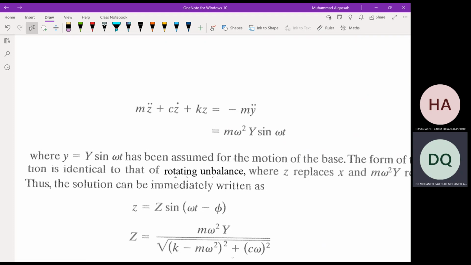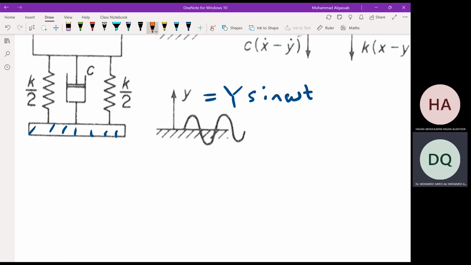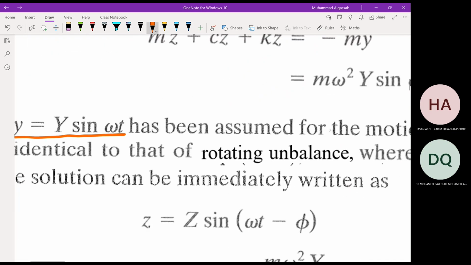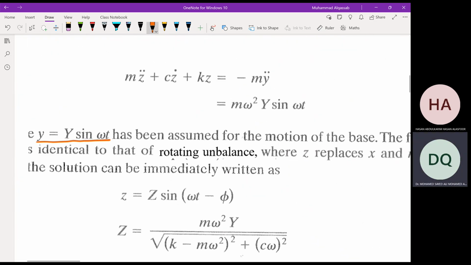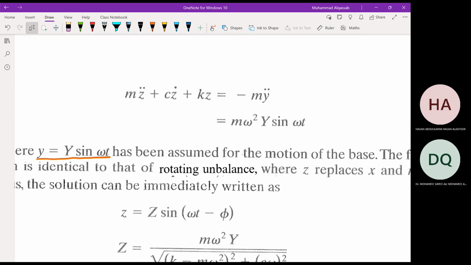Y itself is capital Y, the amplitude of the base, times sine omega t. The amplitude is measured from zero, not from peak to peak, but from zero to the maximum. When you differentiate it twice, you get minus omega squared Y sine omega t, and a minus and minus becomes plus.